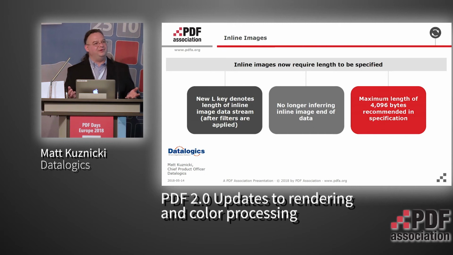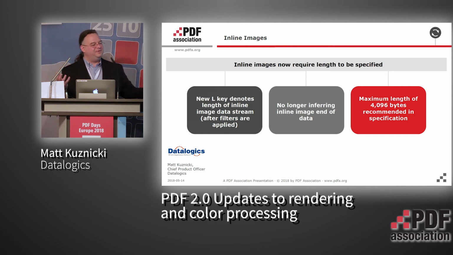This is required for inline images in PDF 2.0. And were I to have a PDF time machine, I would probably go back and require it for things before PDF 2.0. But last I heard, my time machine project isn't working that well, so I can't do that. All we can do is from PDF 2.0 forward.